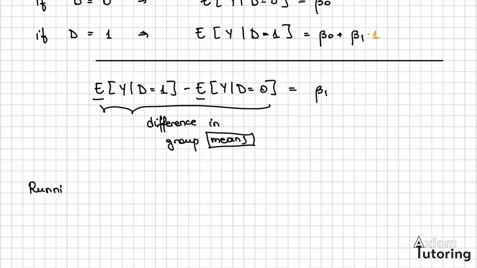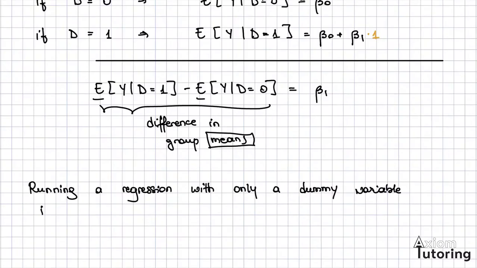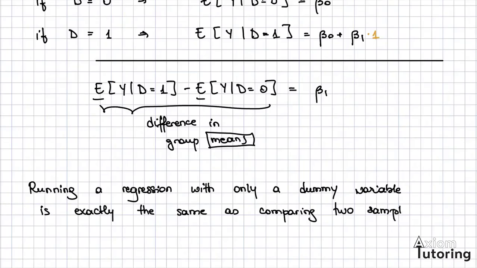So running a regression with only a dummy variable is exactly the same as comparing two sample means.